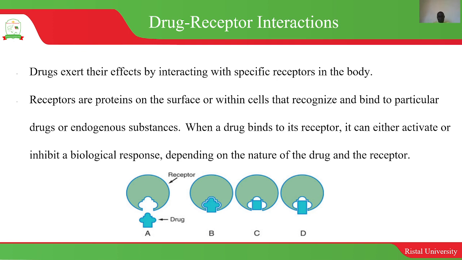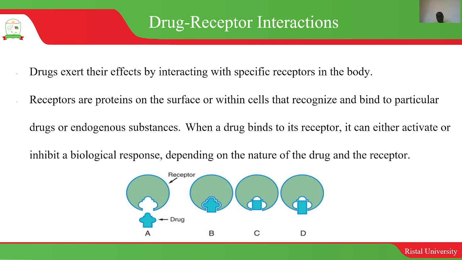Let's look at drug receptor interactions. Drugs exert their effects by interacting with specific receptors in the body. Receptors are proteins on the surface or within cells that recognize and bind to a particular drug or endogenous substance. When a drug binds to its receptor, it can either activate or inhibit a biological response, depending on the nature of the drug and the receptor.